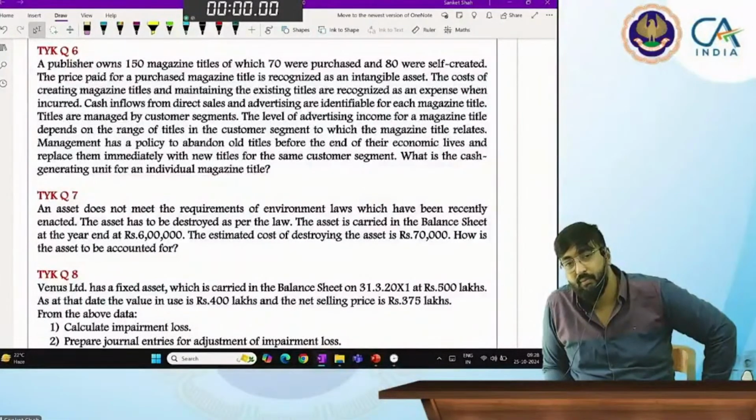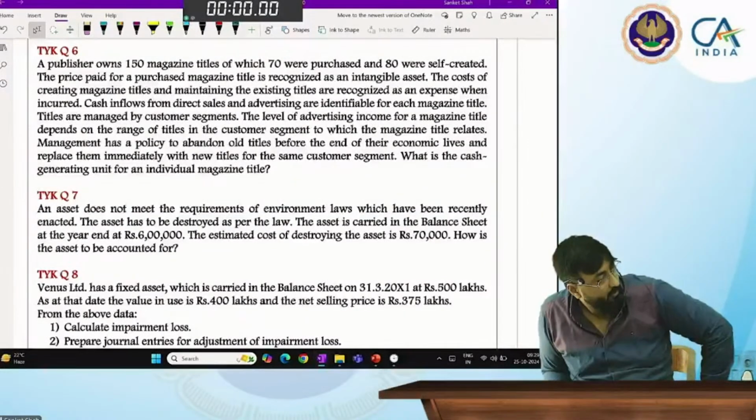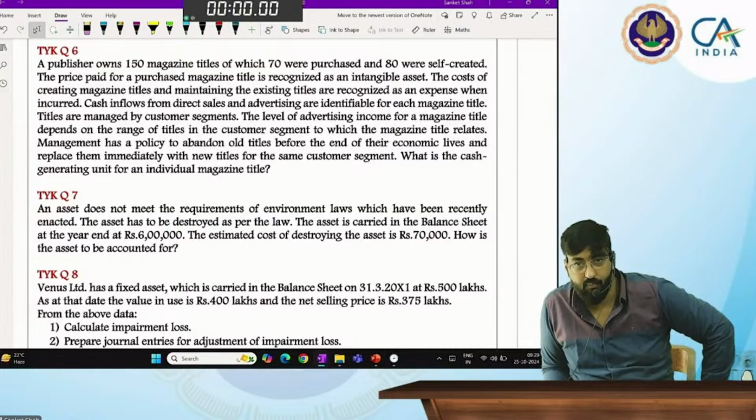The price paid for a purchased magazine title is recognized as an intangible asset. The cost of creating magazine titles and maintaining the existing titles are recognized as an expense when incurred. Cash inflows from direct sales and advertising are identifiable for each magazine title. Titles are managed by customer segments.